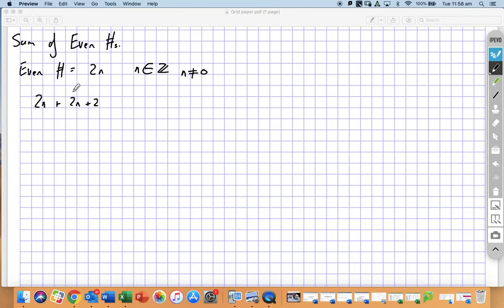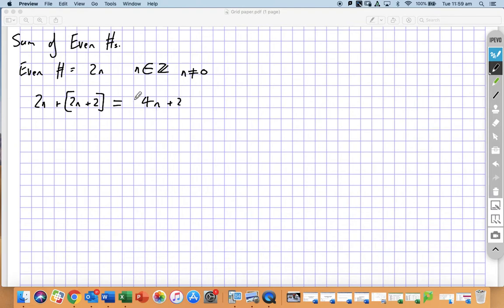So I'm going for 2n, and that same n plus 2. It'll be two consecutive even numbers. If I sum them up, I get 4n plus 2.